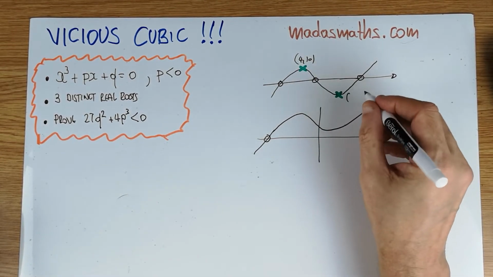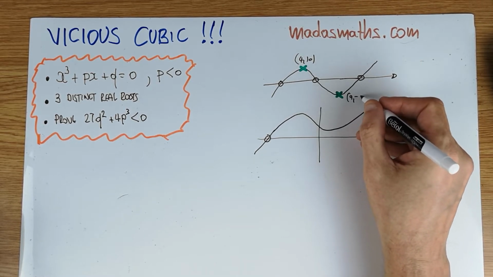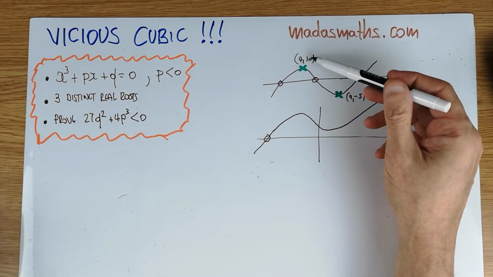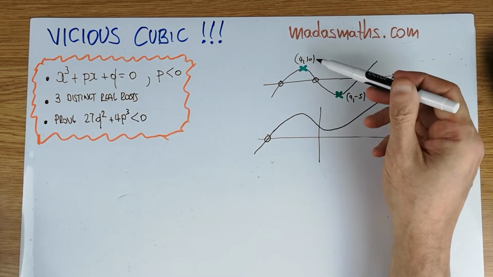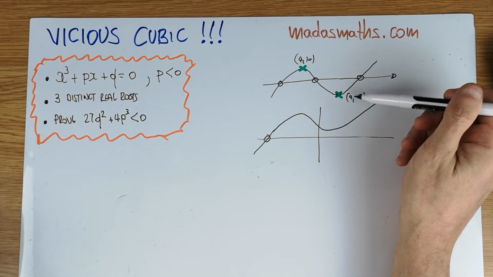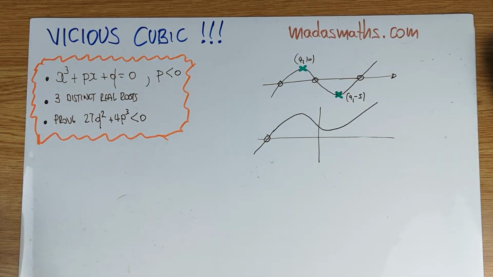This has coordinates, I don't know, 9, minus 5. Definitely, the y-coordinates will have opposite signs, 10 and minus 5. So when you multiply them together, the y-coordinates of the stationary points, you should get a negative number. So this is the plan.